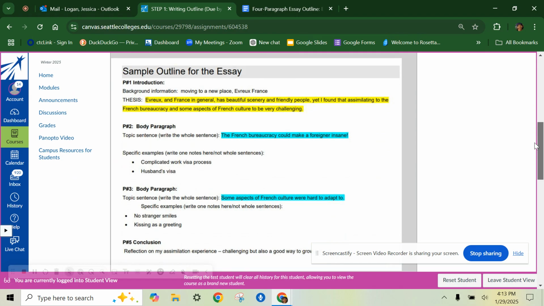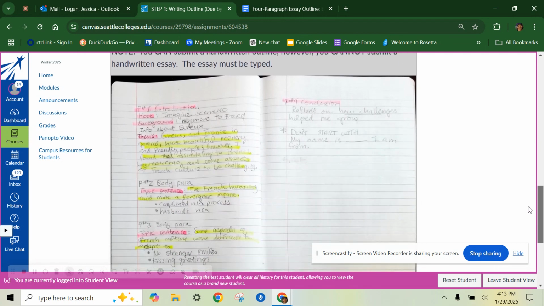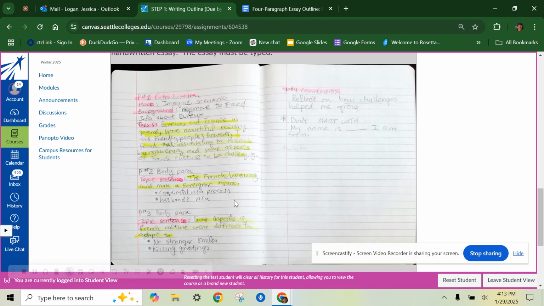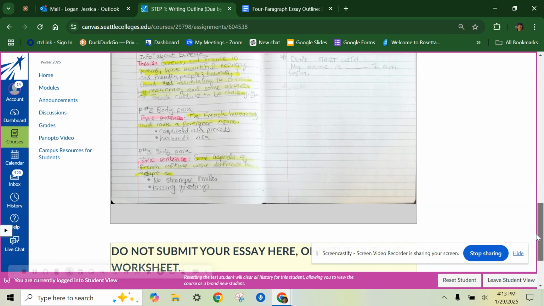And again, I've given you a visual of what your outline might look like. Note, you can write your outline handwritten. You can write it in your notebook and submit a picture. You cannot write your essay by hand. You need to type that.